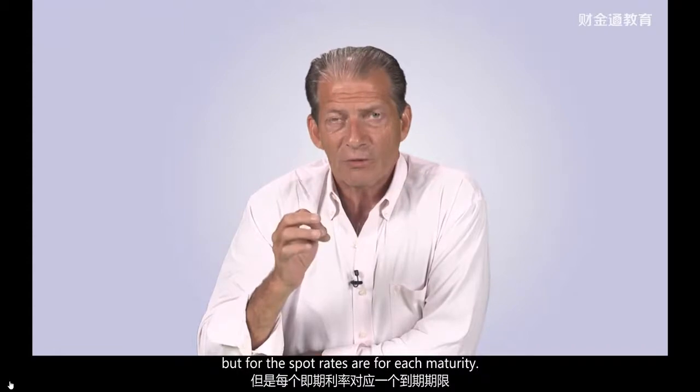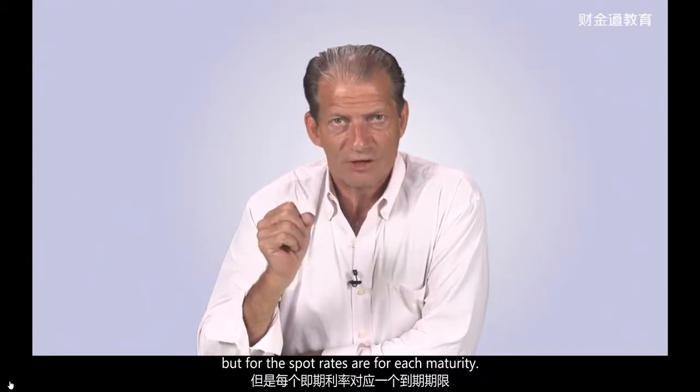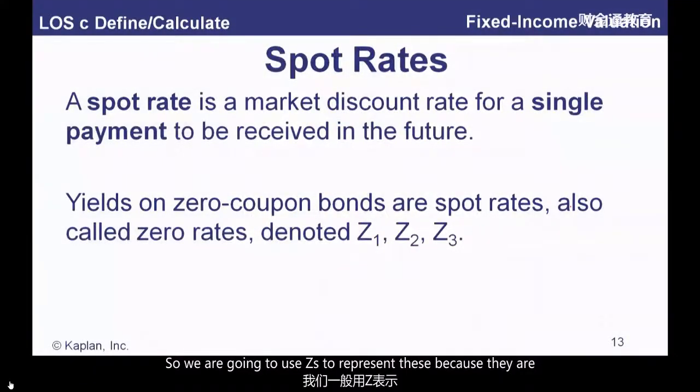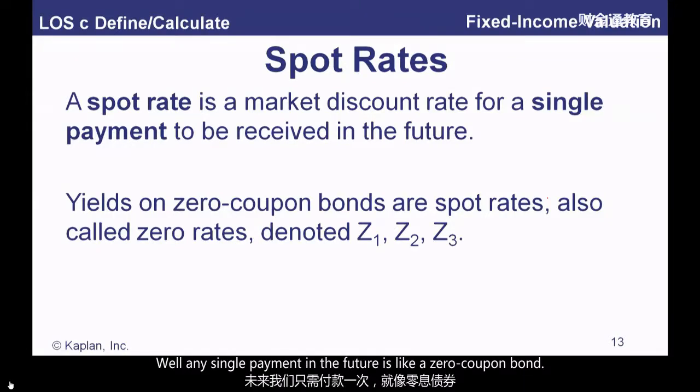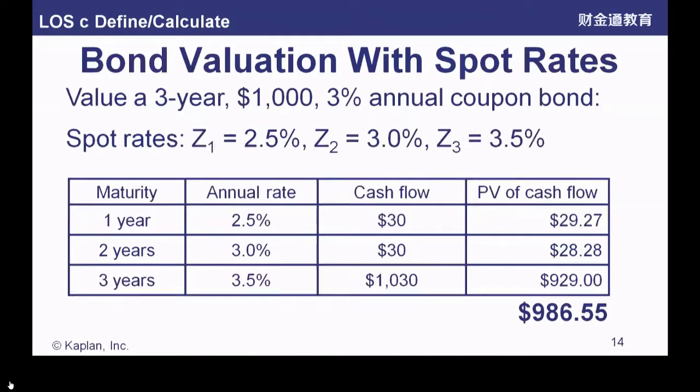So these spot rates are for each maturity. We're going to use Z's to represent these because they are, as I say, zero coupon bond discount rates. Well, any single payment in the future is like a zero coupon bond. You buy it now, it pays this much in the future.